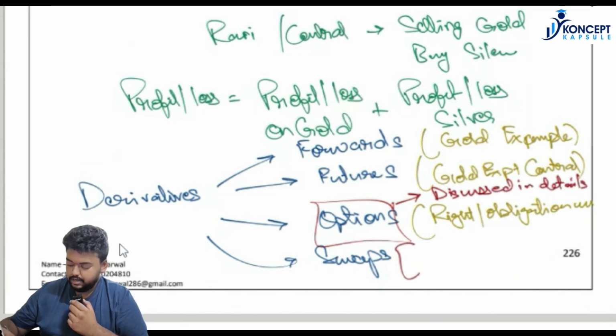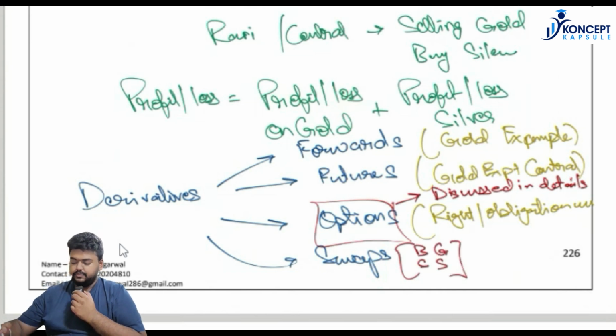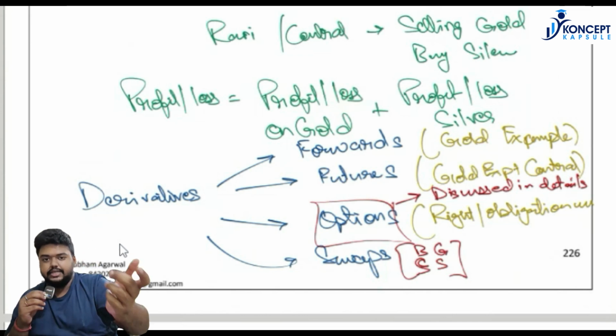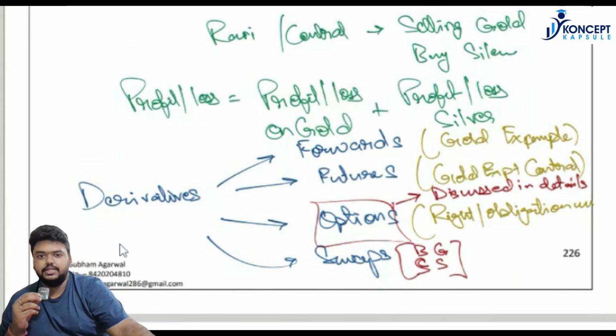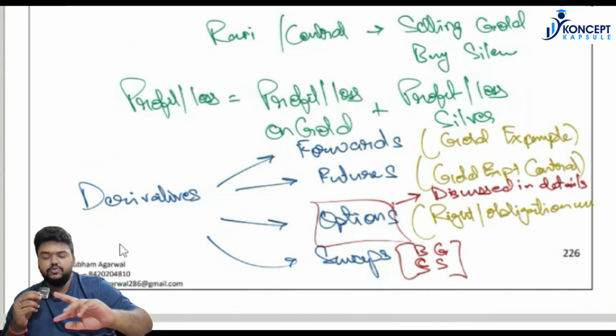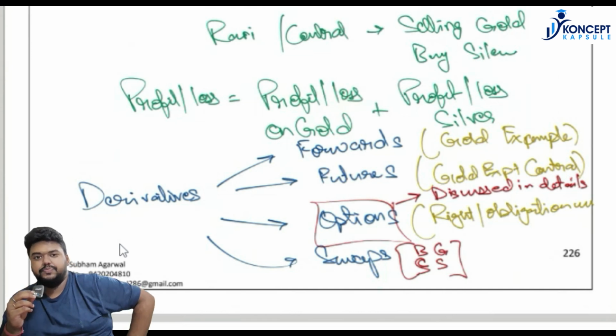And swaps, when there is a buying and selling of gold and silver. It can be buying of gold and selling of real estate, or buying of gold and selling of something else. Right? When there are two variables involved, it becomes a swap.